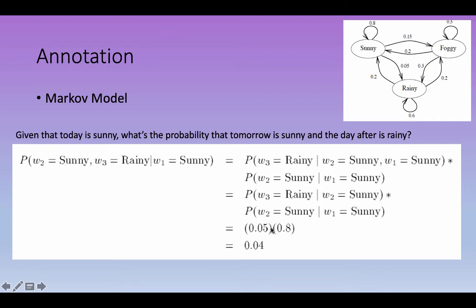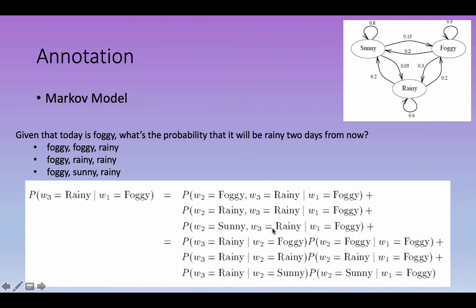And we can calculate those two: the probability that it's going to be rainy based upon the previous day being sunny, and the probability that it's going to be sunny based upon the previous day being sunny. So it ends up being 0.05 times 0.8.